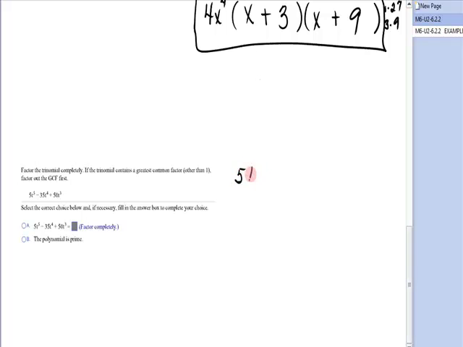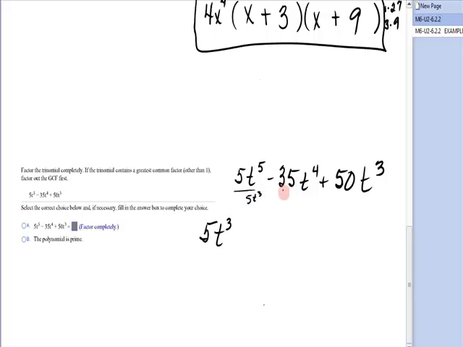I have 5t to the 5th minus 35t to the 4th plus 50t to the 3rd. Common factor, is there one? Yes. 5 goes into all of those. They also all have t's. I can take no more than the low power, 5t to the 3rd.